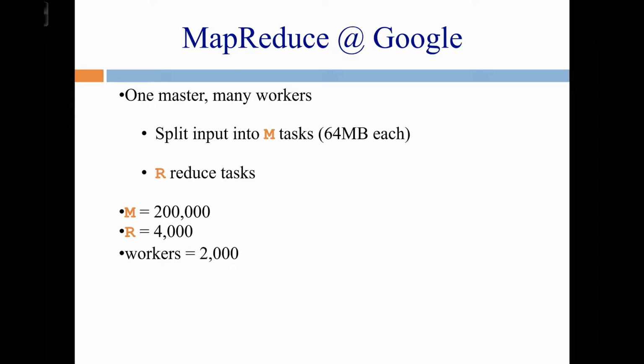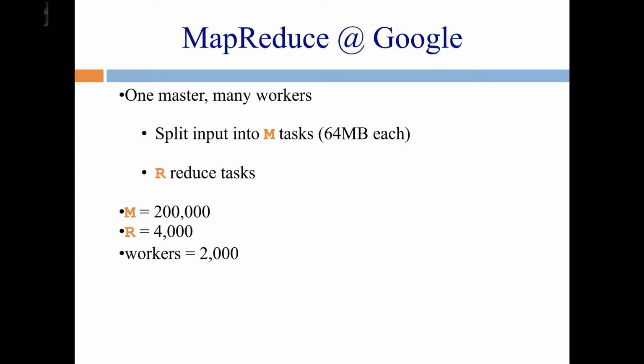So what they try to target for mapping and reducing is roughly 64 megabyte jobs. So each file that's input to a mapper is going to be about 64 megs. And if you break that up, it'll result in M map tasks and R reduce tasks.